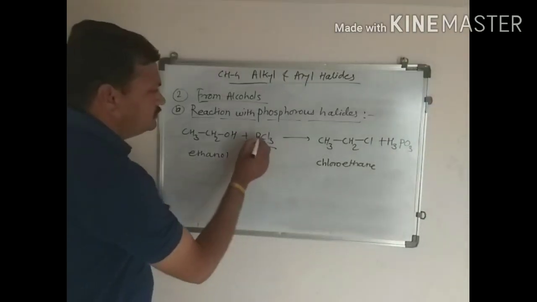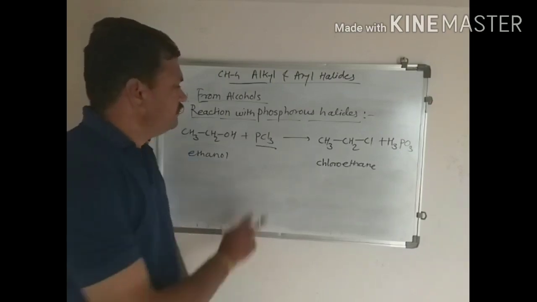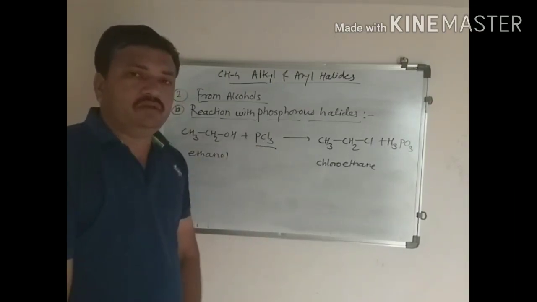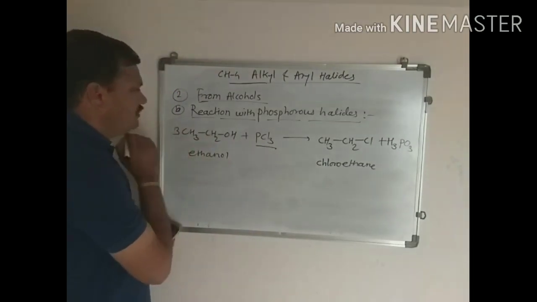We can see that there are 3 chlorine atoms present. Therefore, one PCl3 molecule is capable of reacting with 3 molecules of alcohol.